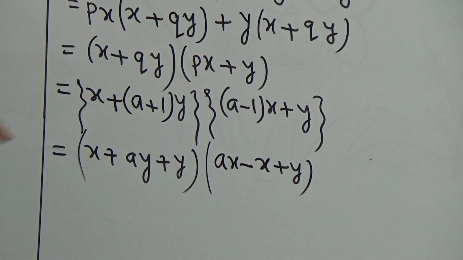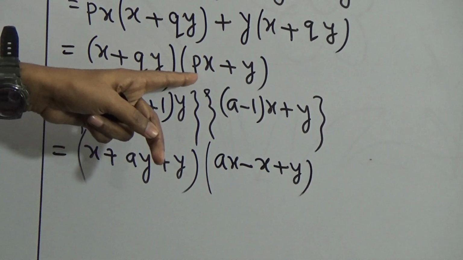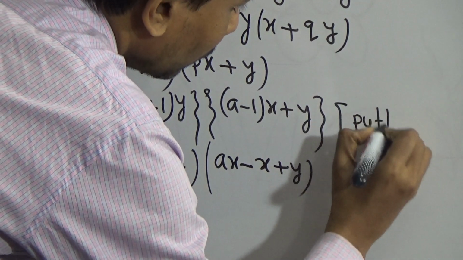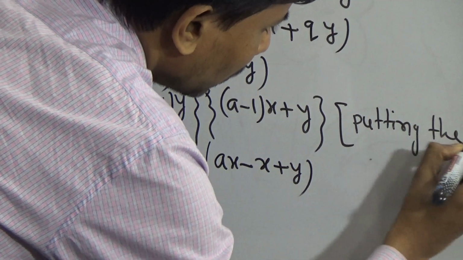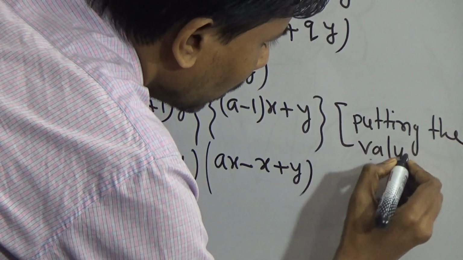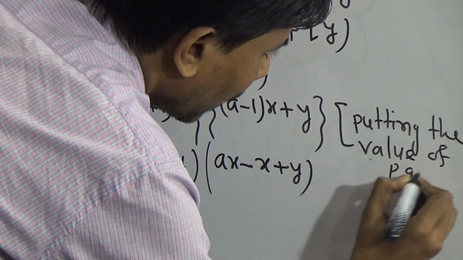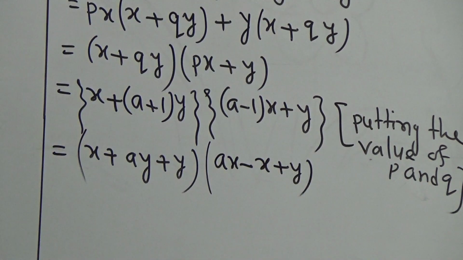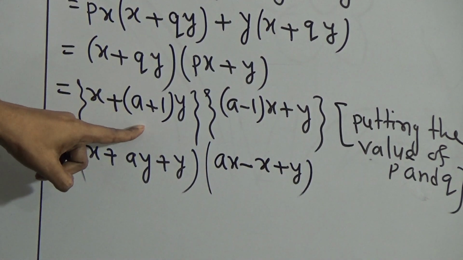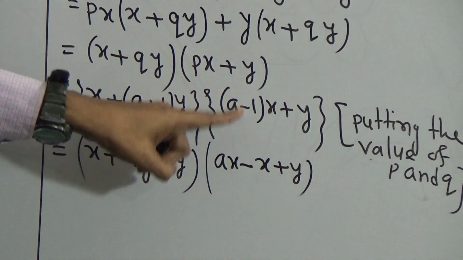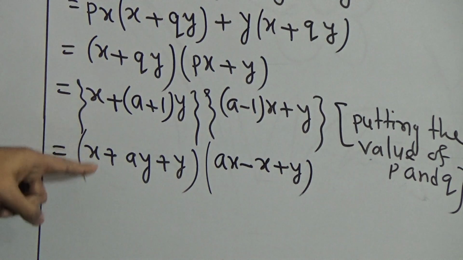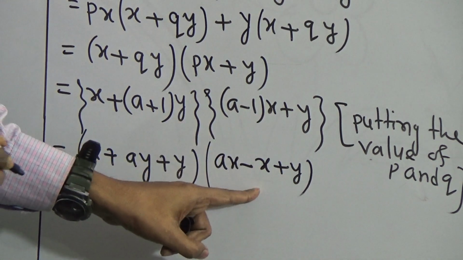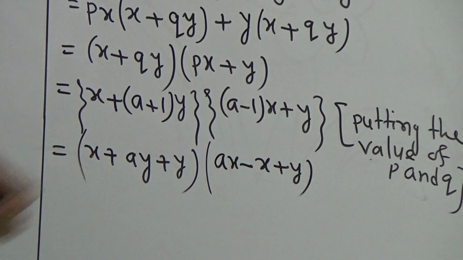I am putting the value of q here and the value of p here, so we write: putting the value of p and q. q means (a plus 1)y, p means (a minus 1)x plus y. Then x, a into y, ay, 1 into y; x into 1, x, y. Okay, so this is the required factor.